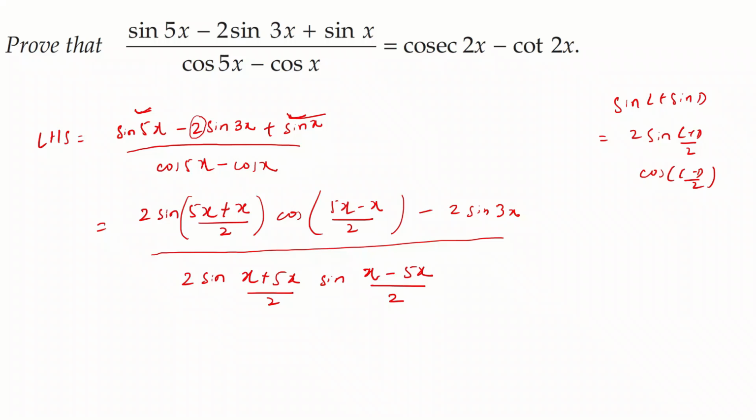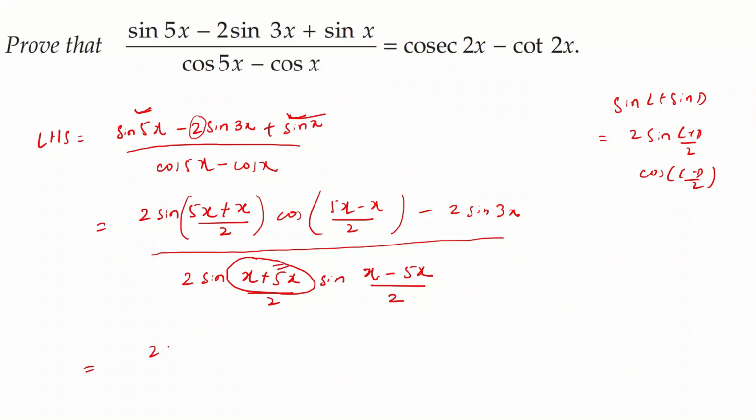So d plus c, it's not c minus d, it's d minus c. So in order to remember the formula, instead of c plus d we call it d plus c, even though c plus d or d plus c doesn't make any difference, but for the ease of remembering the formula I call it 2 sine (d plus c)/2 sine (d minus c)/2. Okay, you can call this c plus d also, doesn't matter.